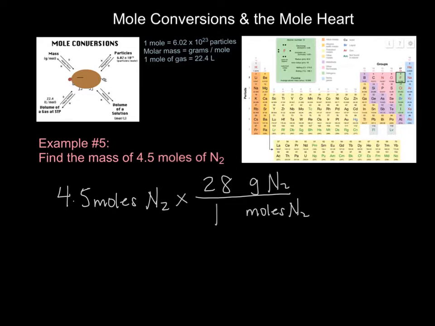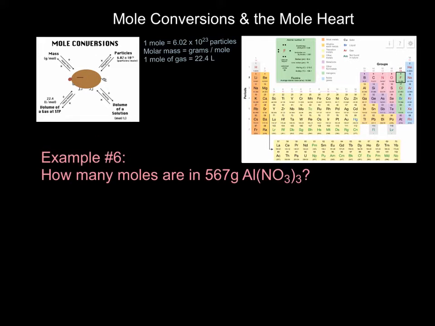So when I put this into my calculator, 4.5 times 28, I get 126 grams of N2, because my moles cancel and I'm left with grams. So 4.5 moles of nitrogen gas is going to weigh 126 grams.